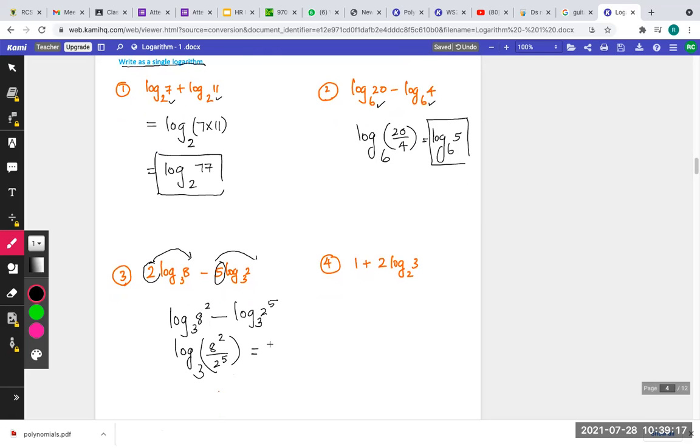So now still we can simplify it. 8 square is 64 divided by 2 to the power 5, that's equal to 32, right? The base is 3, but still I think we can simplify. 64 divided by 32 is exactly 2, right? So why don't we write log 2 to the base 3? See, look at that. Such a big question, we can write it as a single logarithm like this.